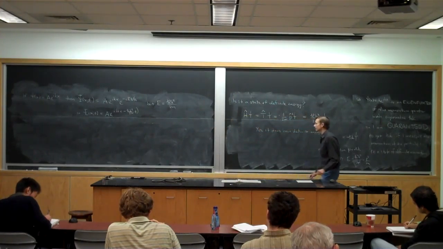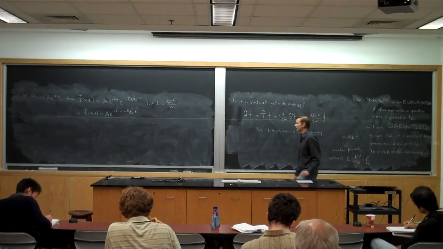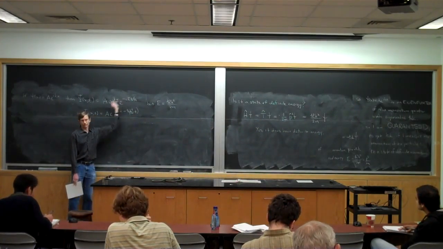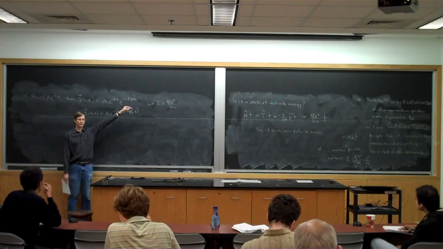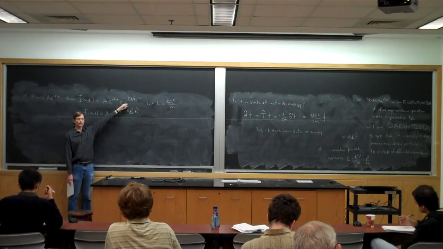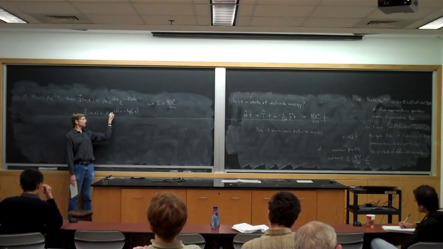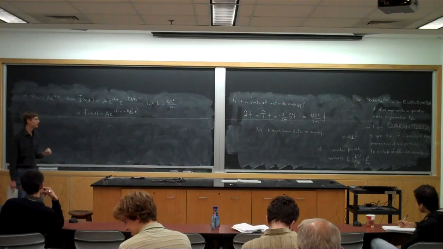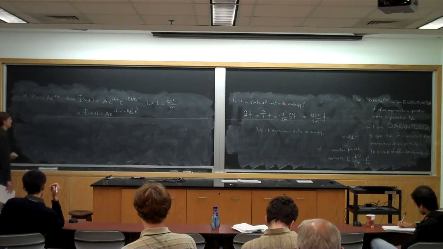When I tack on e to the minus iEt over h bar, I use the fact that complex exponentials do the same thing real exponentials do. In other words, if you multiply two complex exponentials together, you can make a single complex exponential whose exponent is the sum of the exponents of the two you multiplied together.